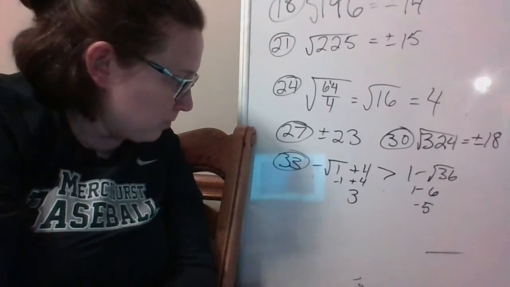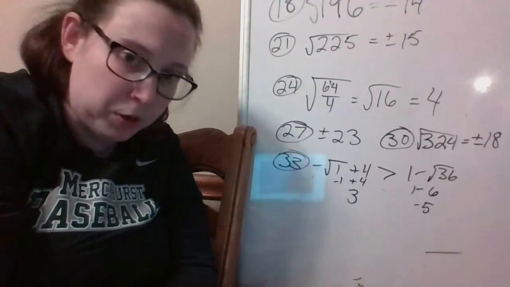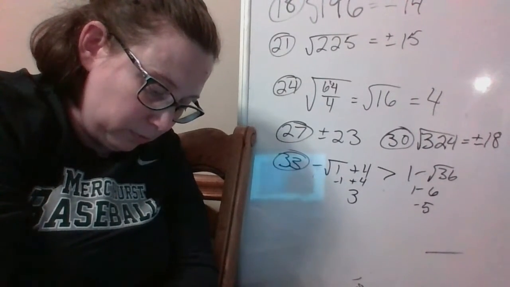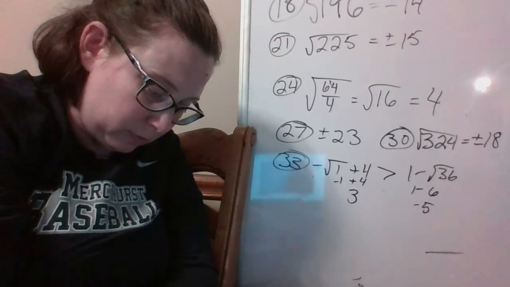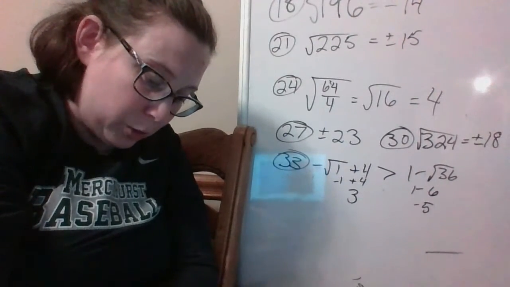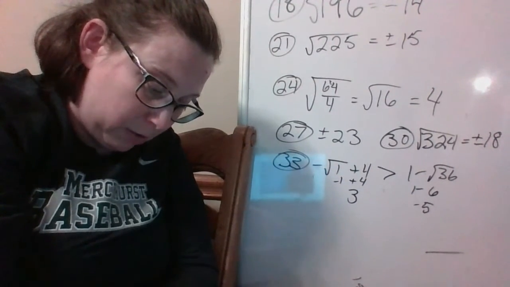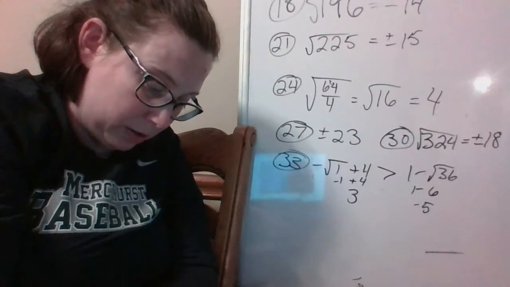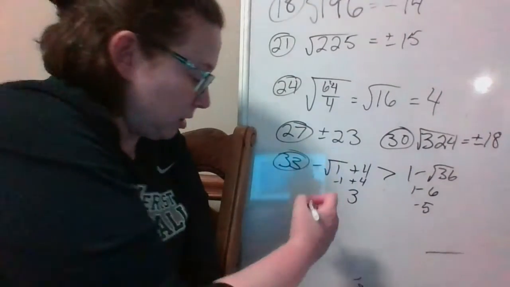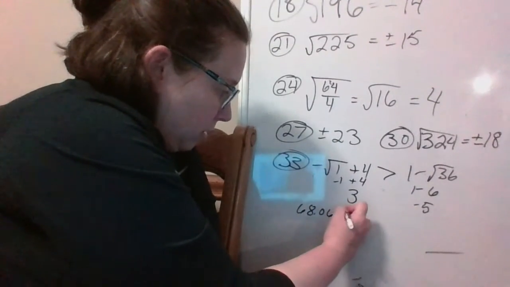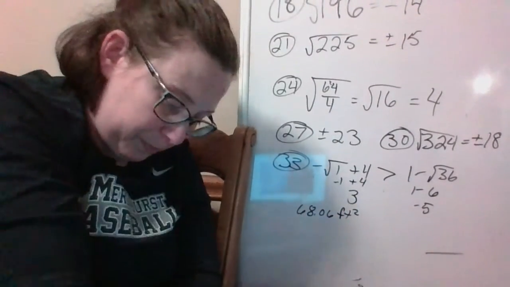And we have one last problem here. There is a square rug. The area of the square rug was about 68.6 feet squared.